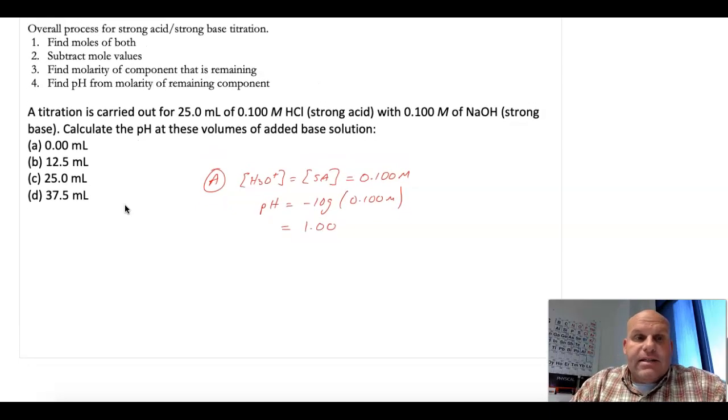Okay, next let's look at B. For B here, I'm going to follow the process. So I'm going to first find moles of both.